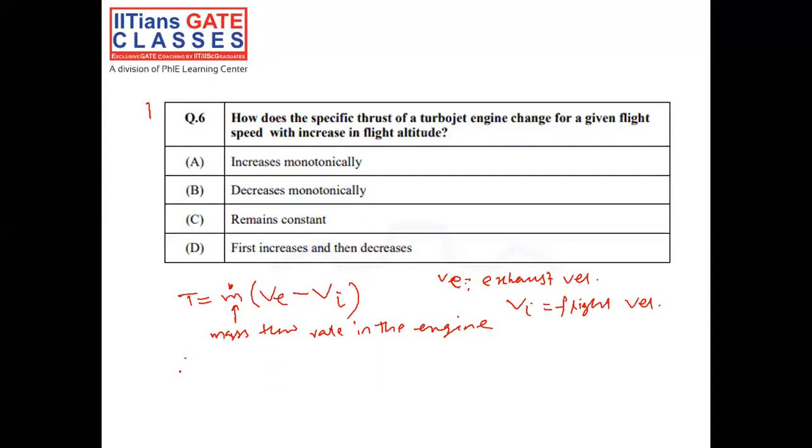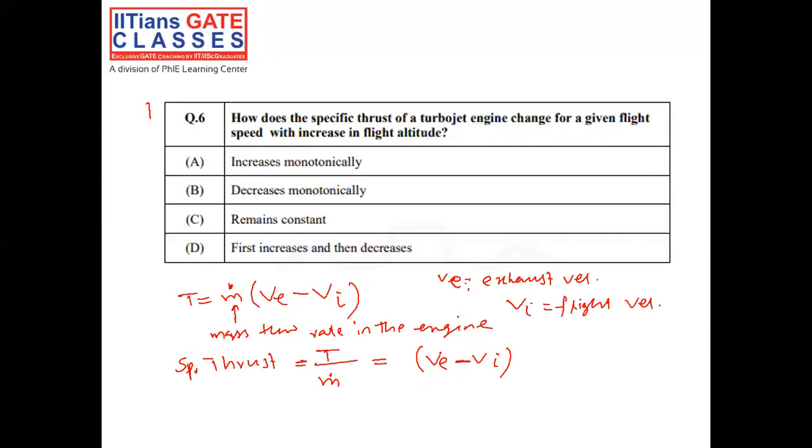The specific thrust is thrust per unit mass flow rate, hence it will become Ve minus Vi. Specific thrust is just the difference between the exhaust velocity and the flight velocity.